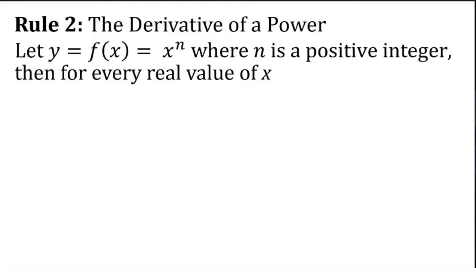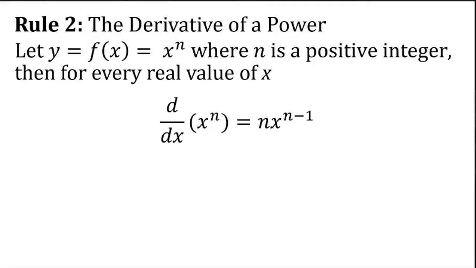Then for every real value of x, d over dx, or if you differentiate x to the n, it will be equal to n times x to the n minus 1.